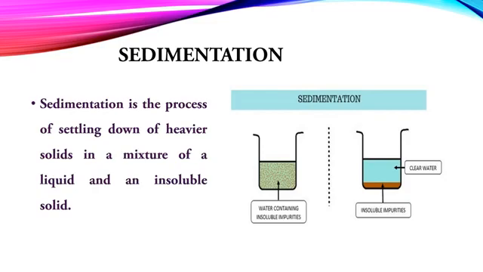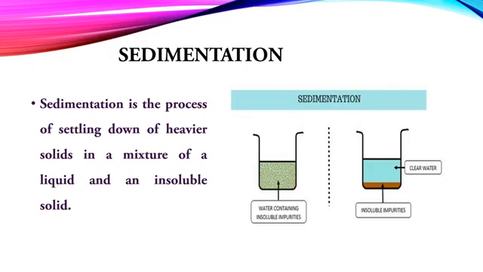If a mixture of sand and water is allowed to stand undisturbed for some time, the sand will settle down as sediment. The deposition of solid matter at the bottom of a liquid is known as sedimentation. The solid matter which settles down at the bottom of a liquid is called sediment.